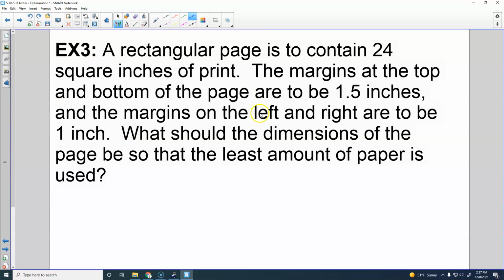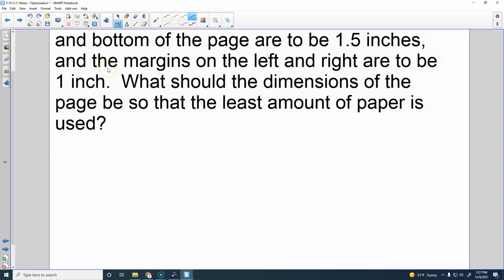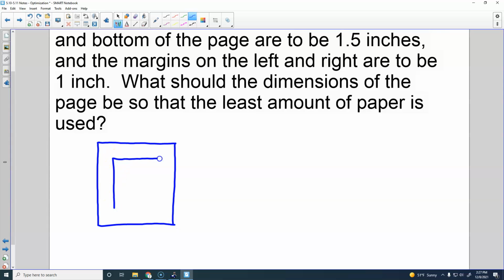Okay, so let's always draw a picture. All right, so we've got a page. Within this page, this is the case always pretty much.